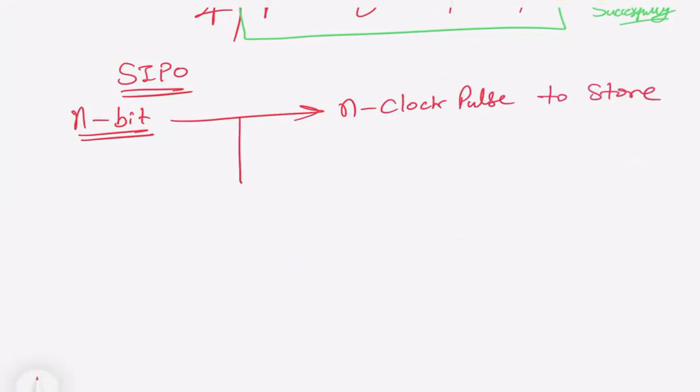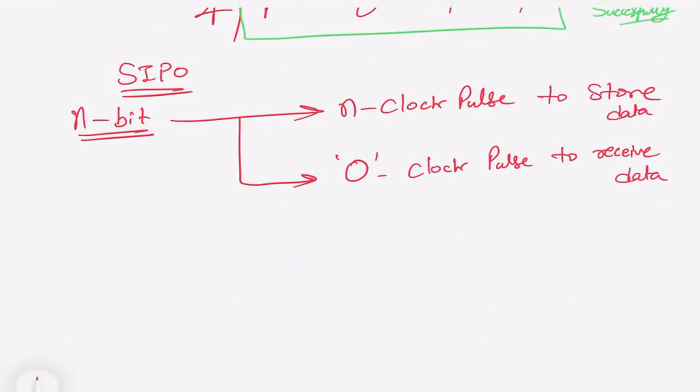And if you want to receive that data, you need 0 clock pulses. So this is the case for serial input, parallel output. Now we will see the next case, which is the parallel input, serial output case.